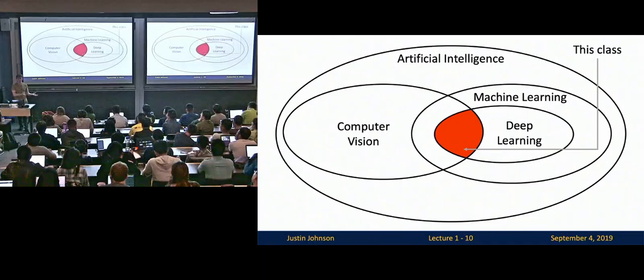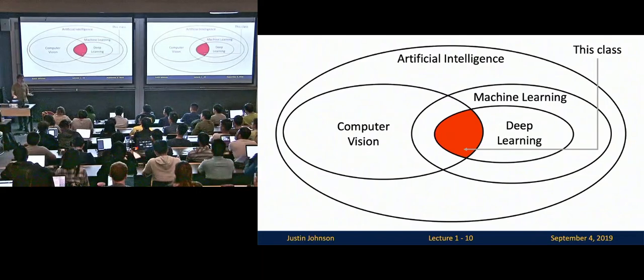There are areas of computer vision that do not use very much machine learning or very much deep learning. So even though the focus of this class will be the intersection of these different research areas, I just want you to keep in mind that there is a much broader realm of AI research being done today around the world by different groups that falls into different pieces of this pie chart. And of course, there are many other areas within AI that we won't talk about too much.